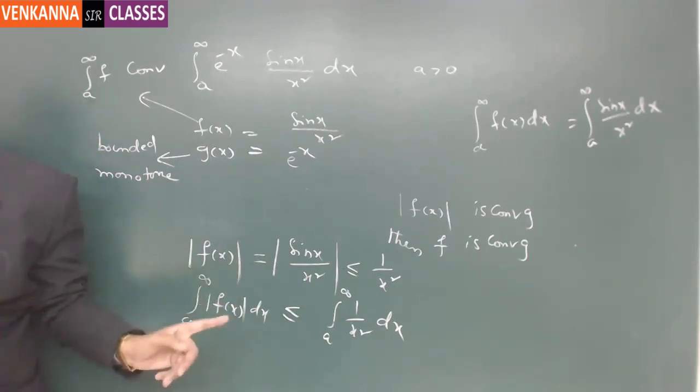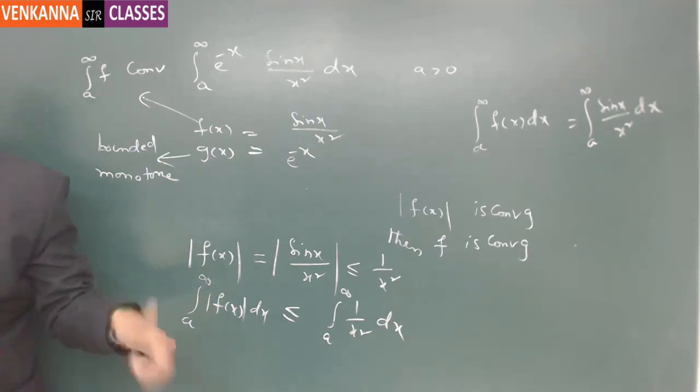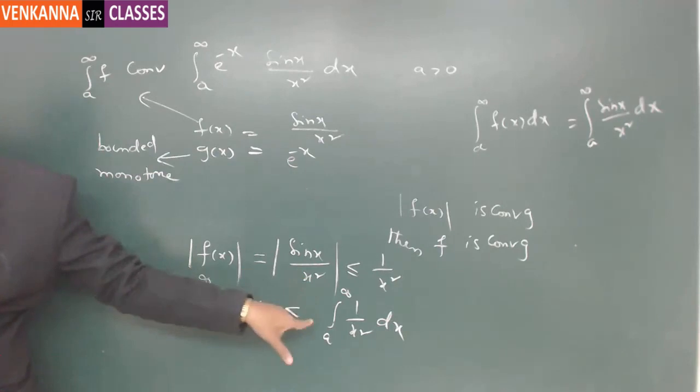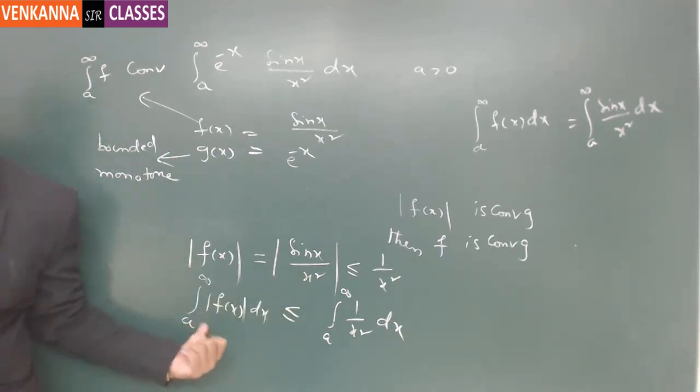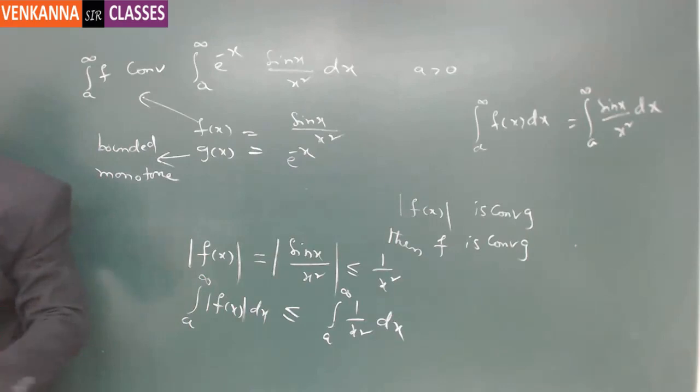So here we have used only comparison test, not a limit comparison test, because we didn't calculate any limit here. So by comparison test, this is convergent. Since mod is convergent means it is absolutely convergent, therefore f is also convergent. Okay? Is it clear or you need an elaboration?